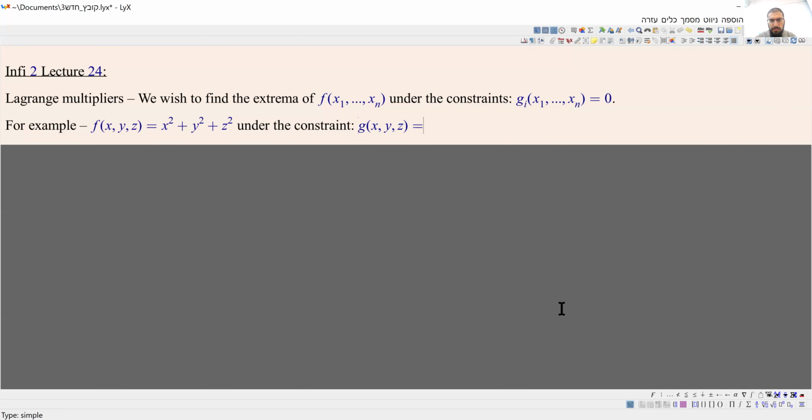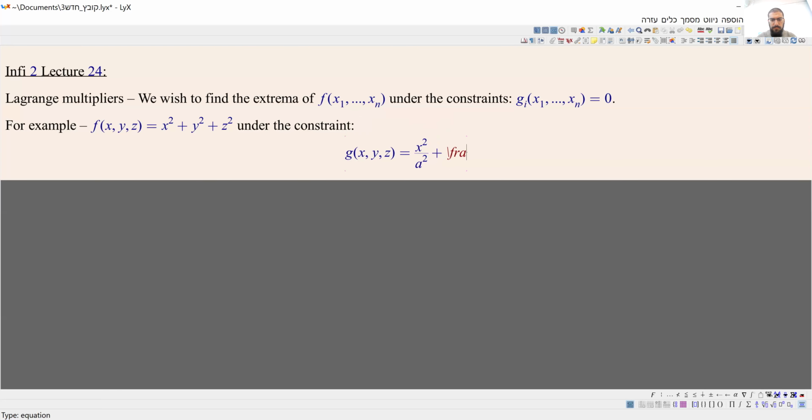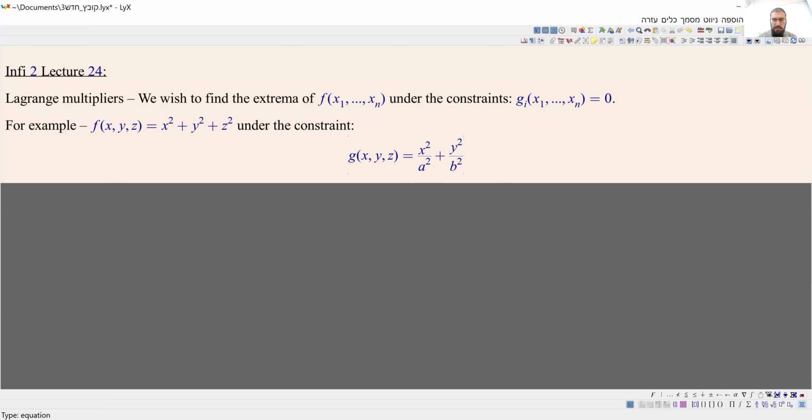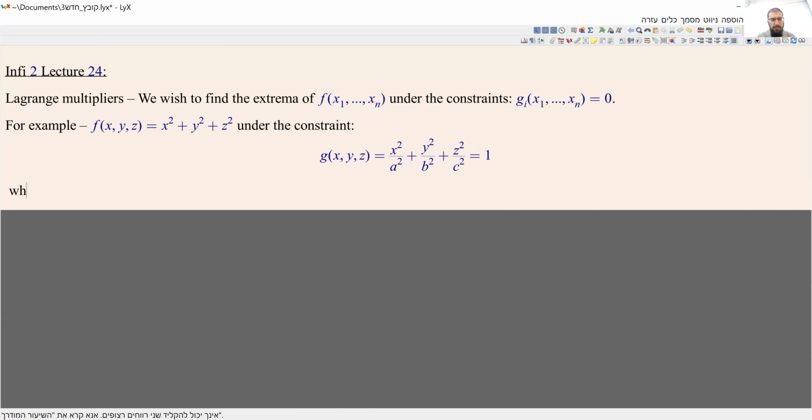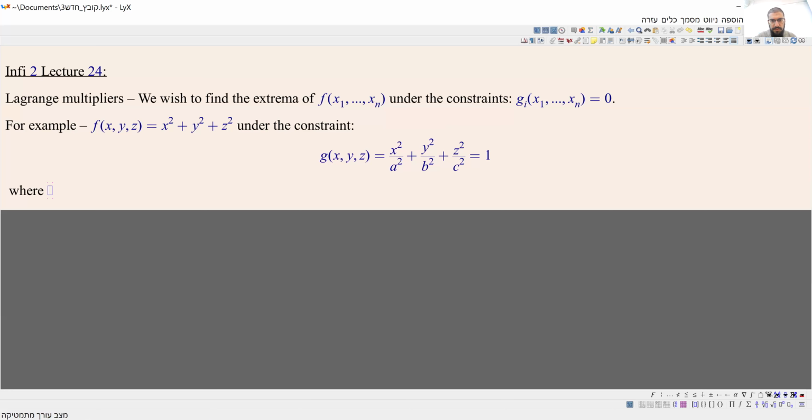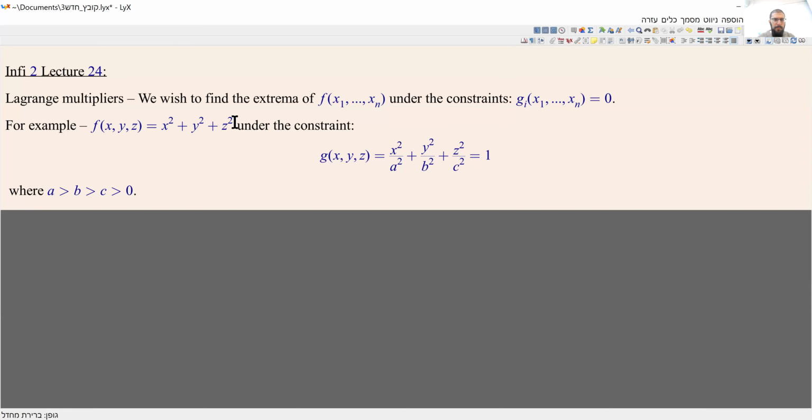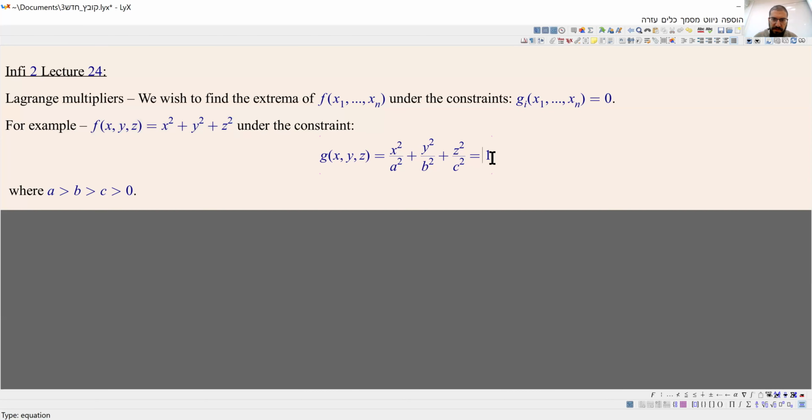We'll do an example with two today. x squared over a squared plus y squared over b squared plus z squared over c squared is one, where a is greater than b, greater than c, greater than 0. So one can, of course, move the one to the other side, and it becomes g equals 0.